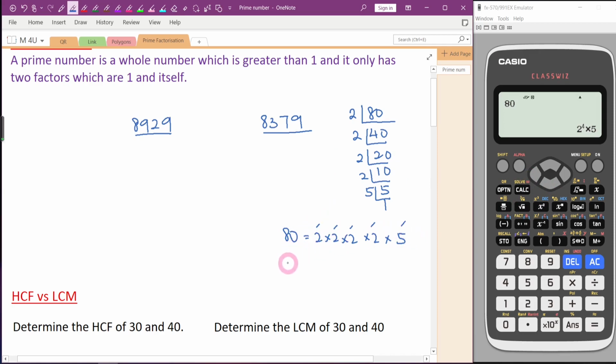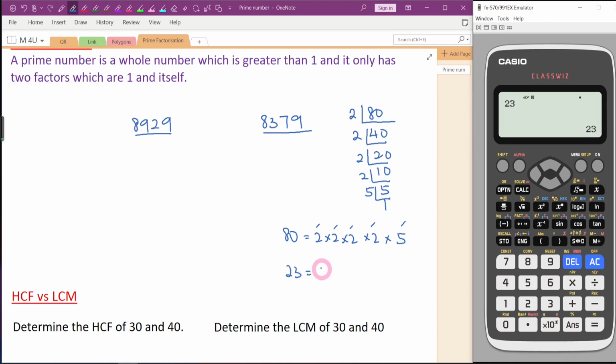If the given number is a prime number, for example 23, this is a prime number, right? When you use your calculator to do the prime factorization, you will see this. Now let me show you. 23, equal, shift. The calculator doesn't do anything for you because this is already a prime number.